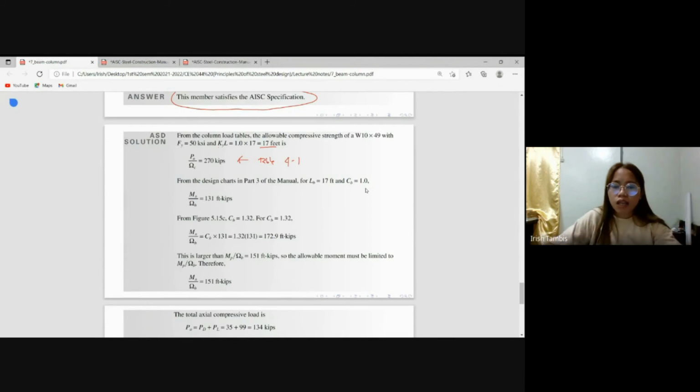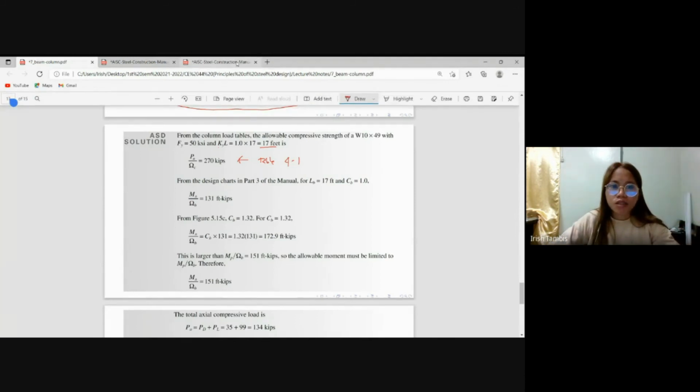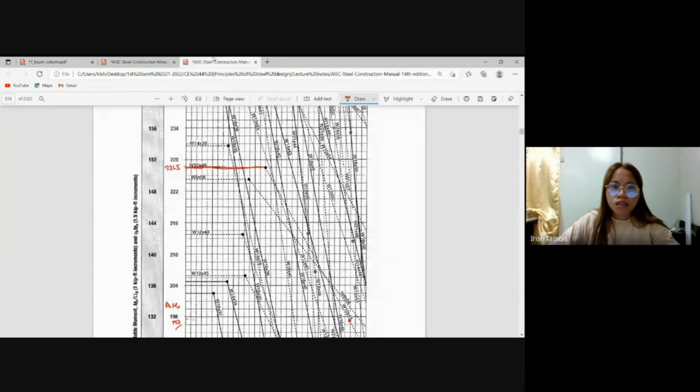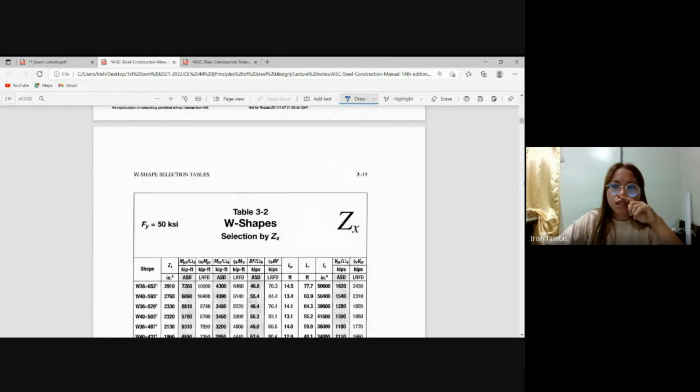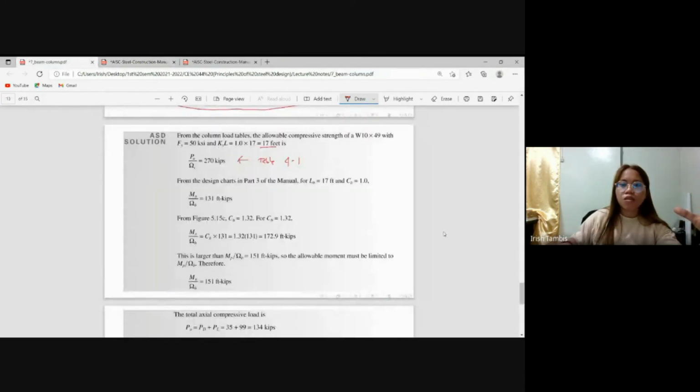Earlier we did LRFD, now we go to ASD. So, in table 4-1, it is the same, go back to that table, then find the value for ASD. And in the table, the value is 220 kilopounds.